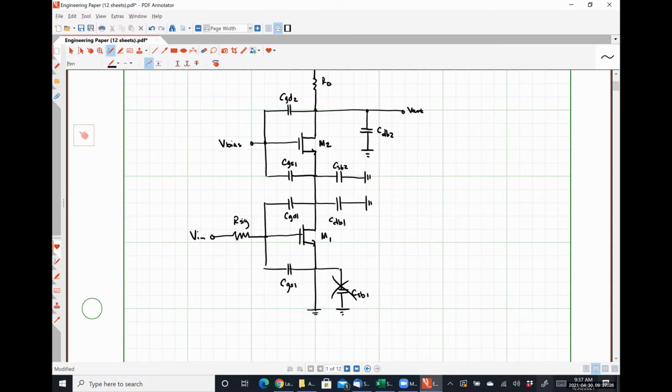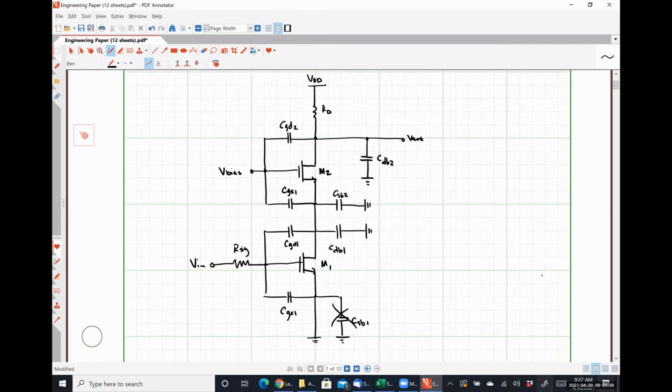So this arguably looks pretty scary, right? But we can make a couple of observations. The first of which is obviously VDD is going to be an AC ground, and V bias is going to be an AC ground. So what that does for us is it puts CGD2 in parallel with CDB2.